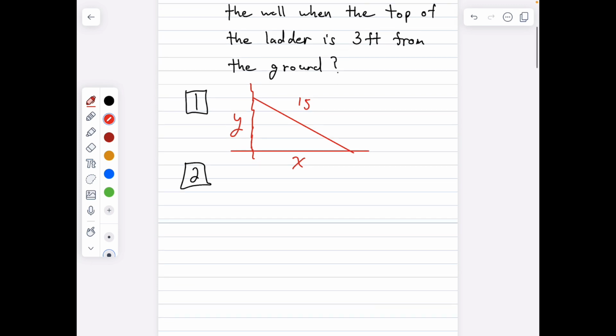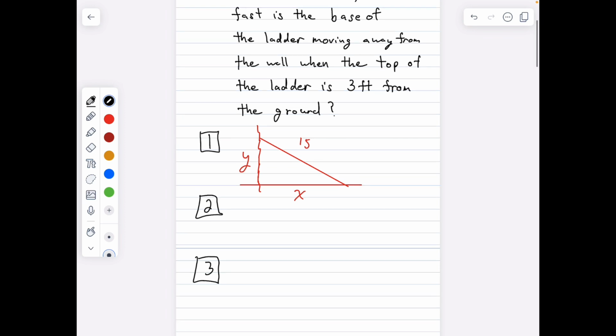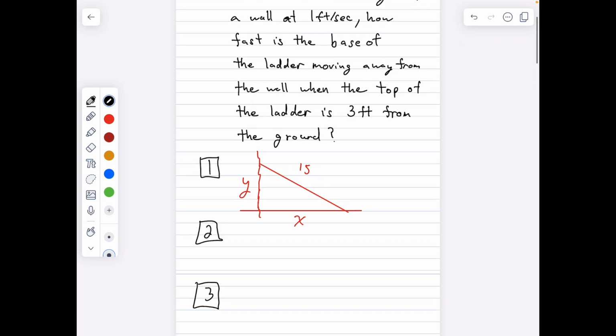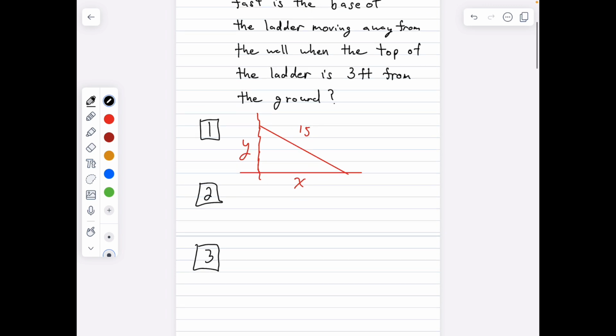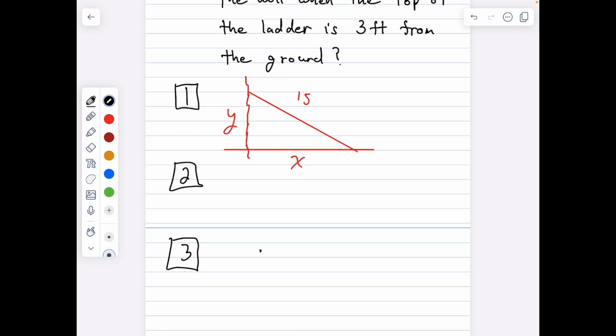Step three is I'm going to ask you to find the rate that we're looking for and the rate we're given. So the question here is, how fast is the base of the ladder moving away from the wall, and so on. Now, I really just need that part to say what I need to find. That would be, how fast is the bottom of the ladder moving away from the wall?